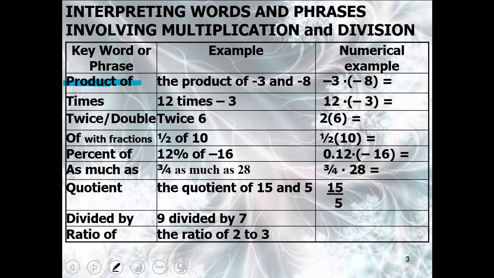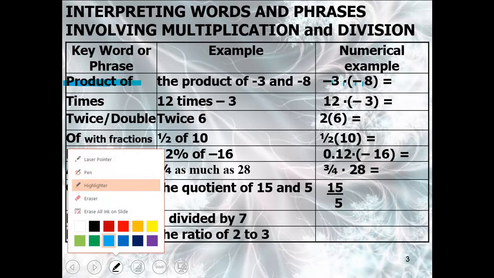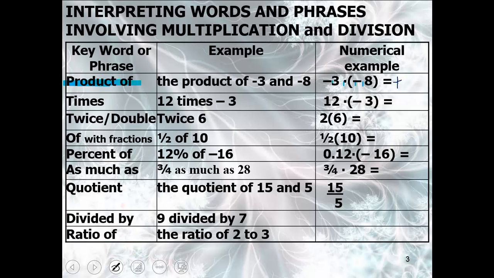It might say the product of negative 3 and negative 8. That's nothing more than negative 3 times negative 8. A negative times a negative gives you a positive, and 3 times 8 is 24. This would be the translation, and this would be the answer if they ask you to evaluate.